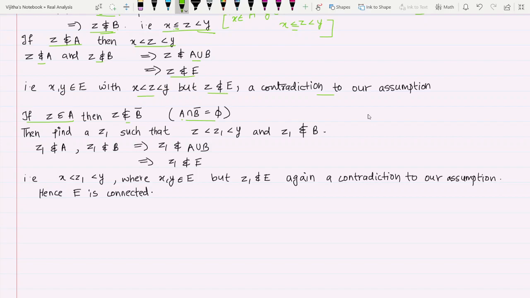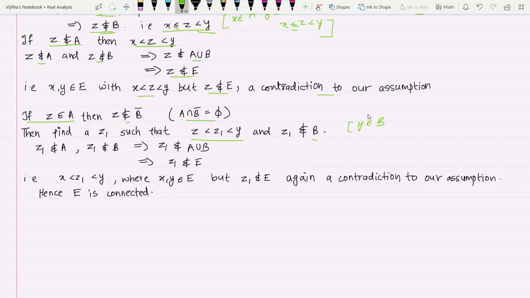So if Z is not in B closure, it means that we can find a Z1 such that Z1 lies between Z and Y. Okay, Y is an element of B. Now Z is not an element of B closure, so we can find an element Z1 which does not lie in B. So we can find a Z1 in between Z and Y. Now Z1 is not an element of A, because here you can see equality is not there.